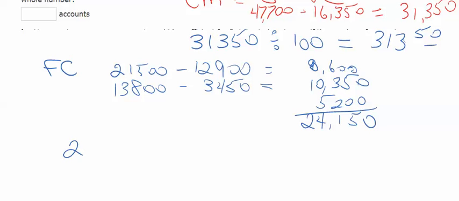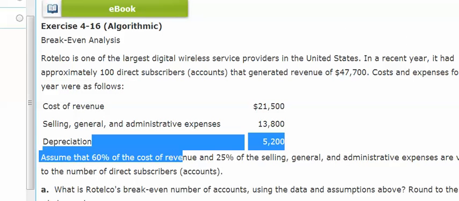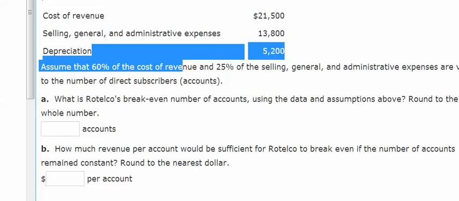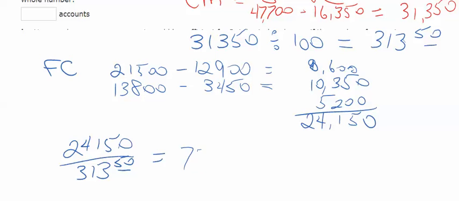So if I take $24,150, divide it by $313.50, I would break even with 77.0333 whatever.